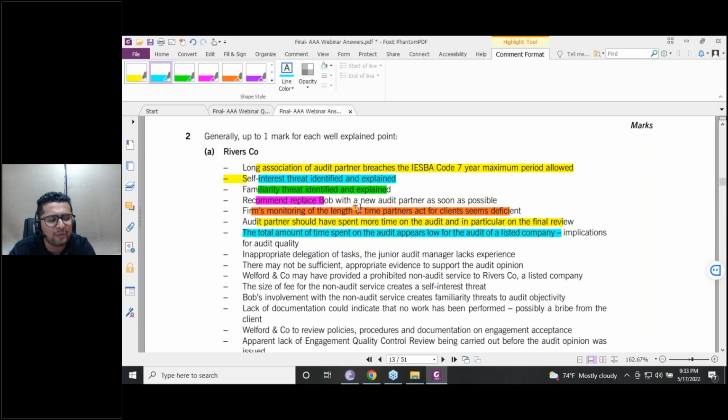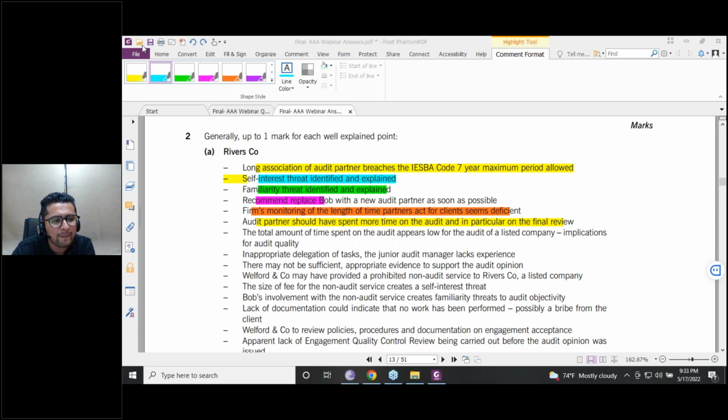No, sorry, that's a different point. There is another mark available in the marking scheme, but you could also come up with an action that ideally, he should have invested more time. Yes, Akhil, he should have spent adequate time, which is necessary.